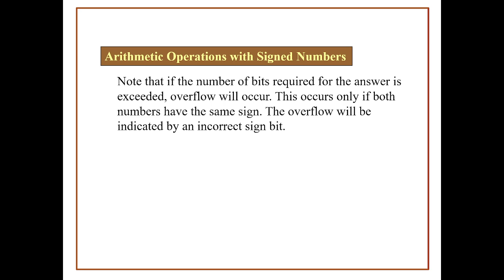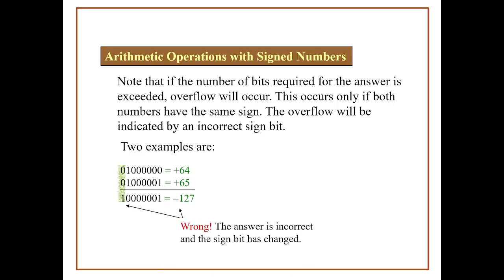Arithmetic operation with signed numbers. Note that if the number of bits required for the answer is exceeded, overflow will occur. This occurs only if both numbers have the same sign. The overflow will be indicated by an incorrect sign bit. So two examples.